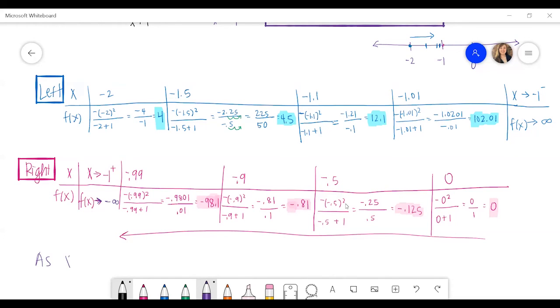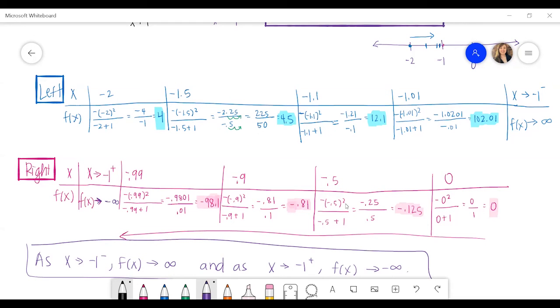So as x approaches negative 1 from the left, f of x is approaching infinity. And as x approaches negative 1 from the right, f of x seems to be approaching negative infinity. Okay?